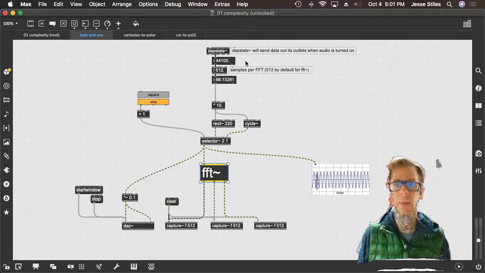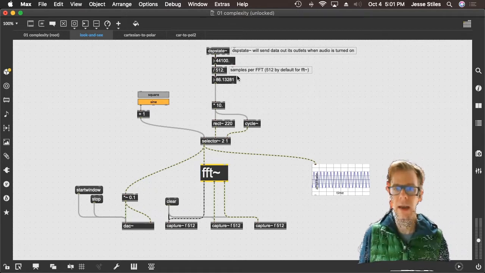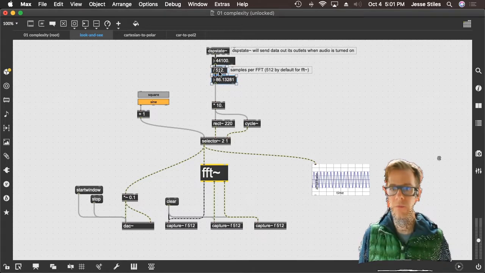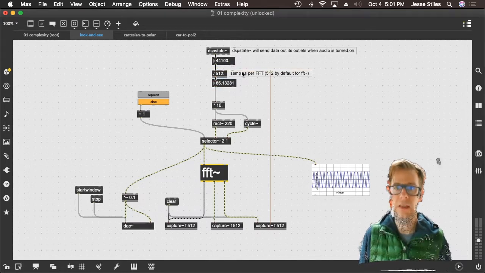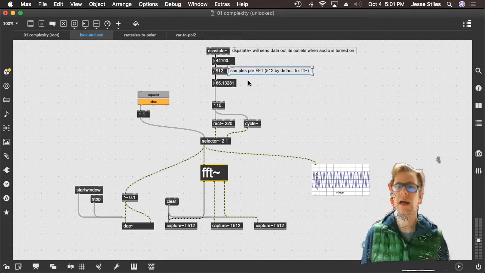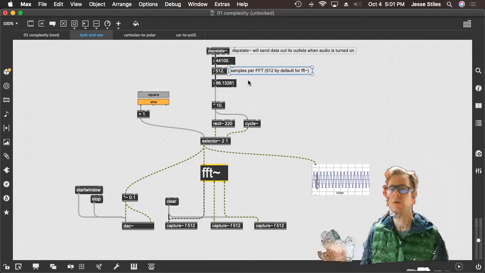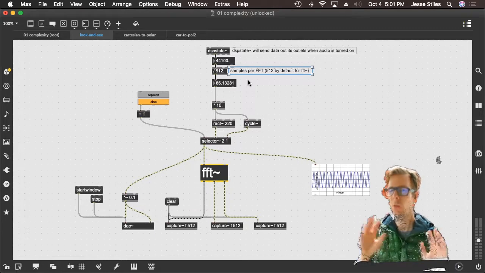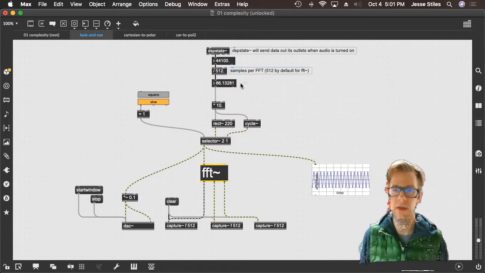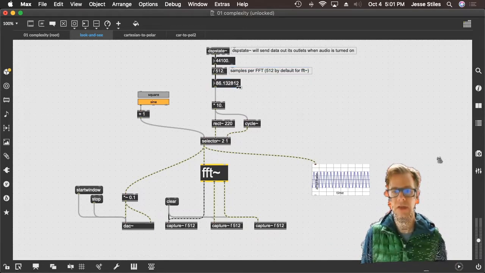So at the top of our patch, we are calculating the fundamental frequency of our FFT by looking at the sampling rate and then dividing it by the size of the FFT in terms of samples. We'll explain this a little bit more later in this lecture, but that gives us this value, 86.1.